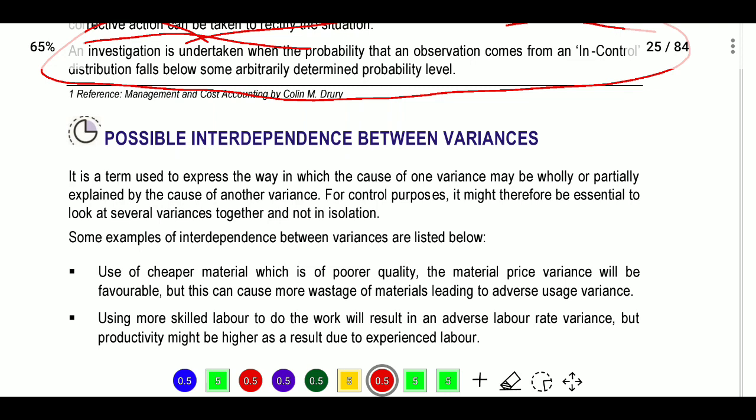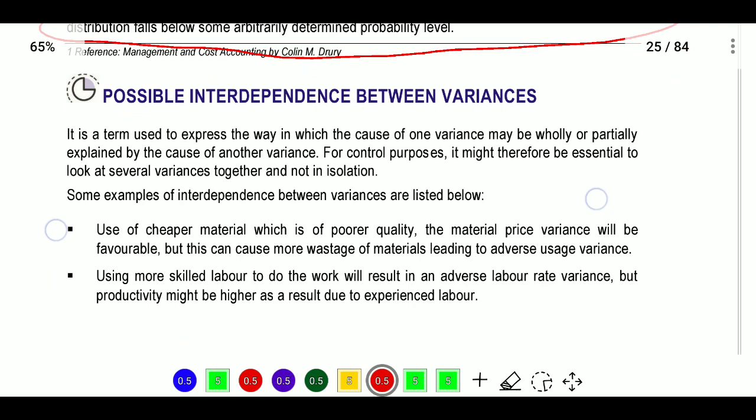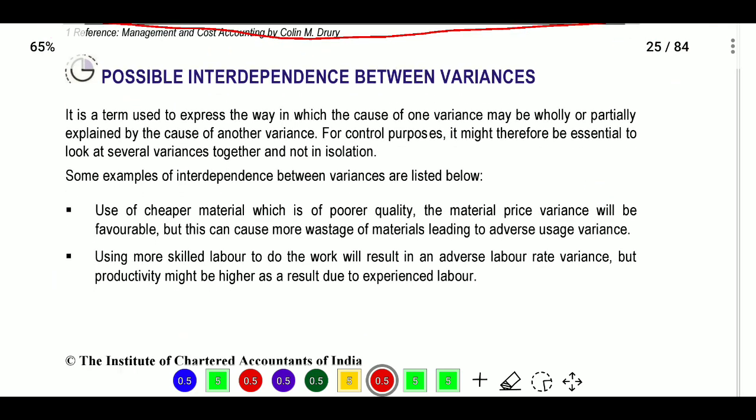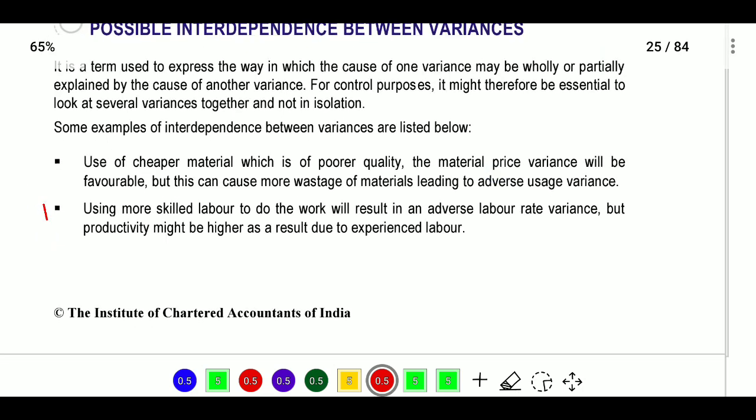Next, possible interdependence between variances. This means, for example, using cheaper material will result in a favorable material price variance, but using cheap material in production might increase wastage rates. So using cheaper items provides interdependence between variances.